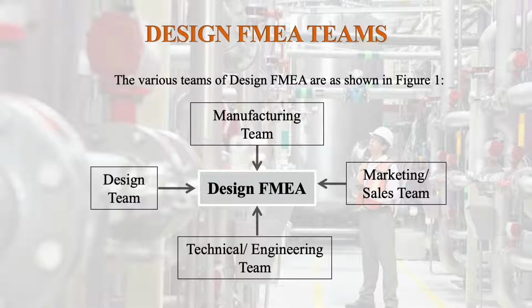Here there are the manufacturing team, marketing and sales team, technical or engineering team, then design team. The manufacturing team will give information about the machinery or tools utilized in the manufacturing process, so that they can discuss. Like that, the marketing and sales team will collect the customer requirements and customer feedback, so that information can be utilized for the design FMEA.